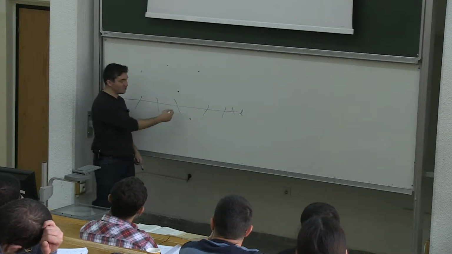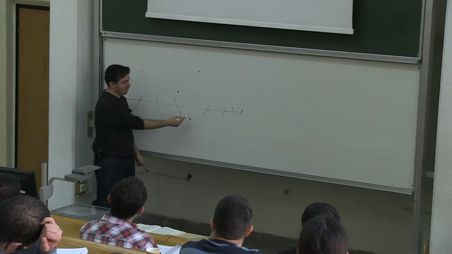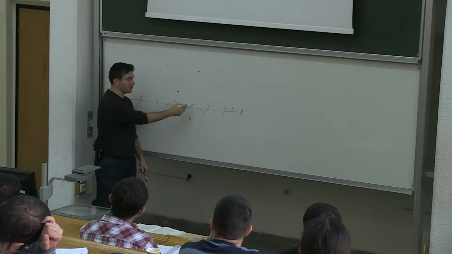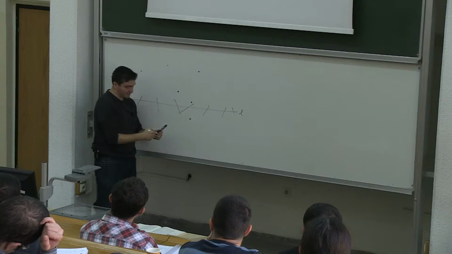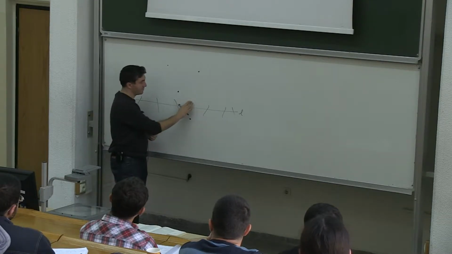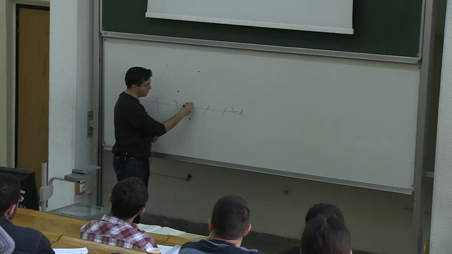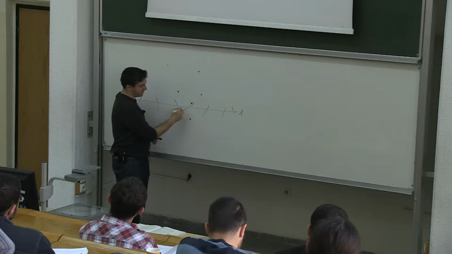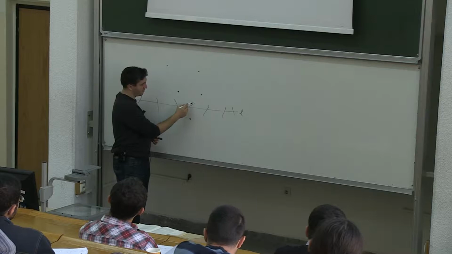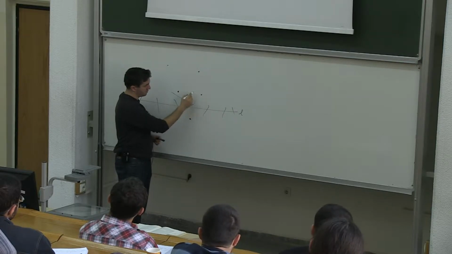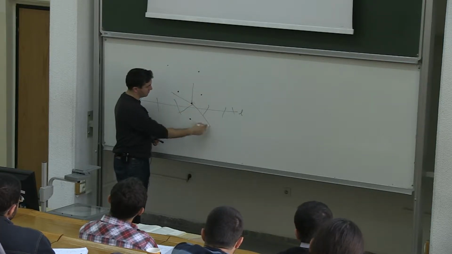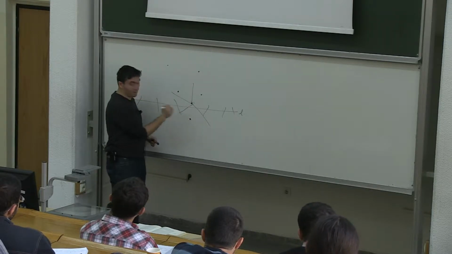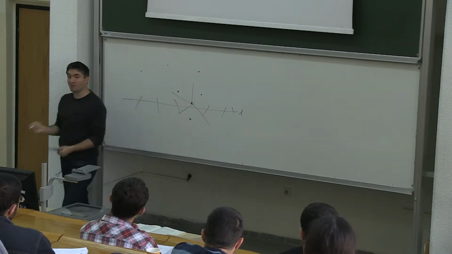There may be certain points just below this line which define an edge of the Voronoi diagram, or even some vertices of the Voronoi diagram may be identified. So this may be a vertex, for example. But this vertex is due to this point, which is below the sweep line.